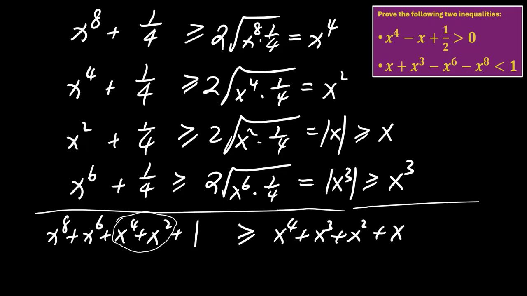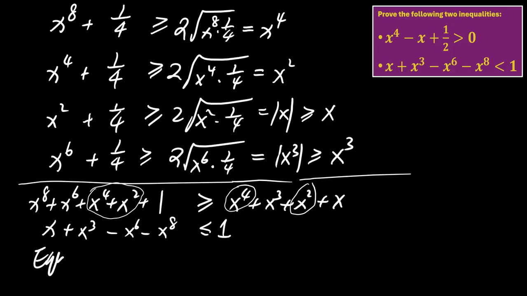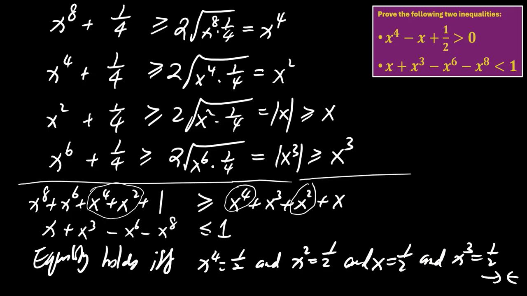We have x to the power 4 and x squared on both the left-hand side and the right-hand side. So this means that the equality holds if and only if x to the power 4 equals half, x squared equals half, x equals half, x cubed equals half, which is impossible. And therefore, we have the strict inequality.